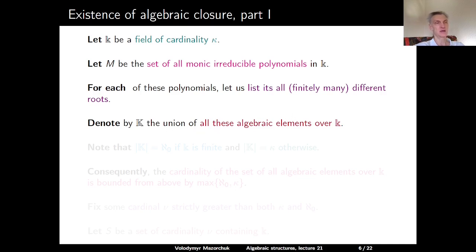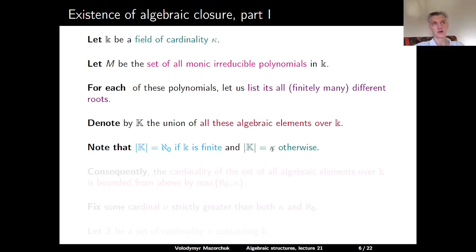So the capital K is the list of all algebraic elements over the small k without repetition. It is very easy to see that the cardinality of K is countable if little k is finite, and otherwise the cardinality of capital K is the same as the cardinality of the little k, that's kappa.